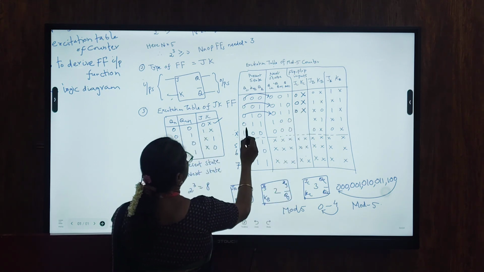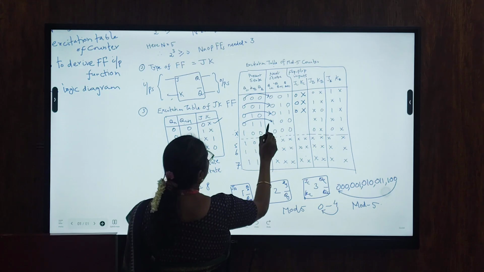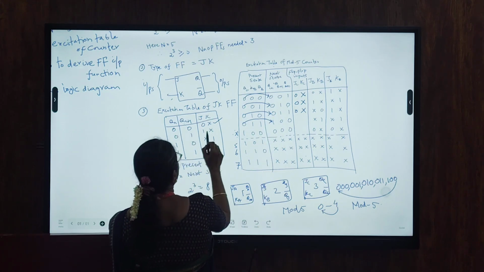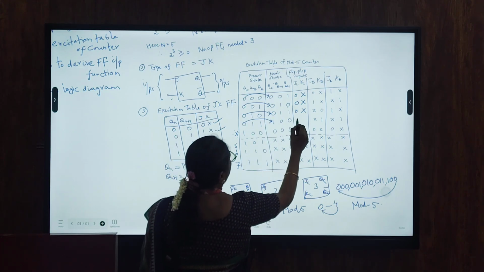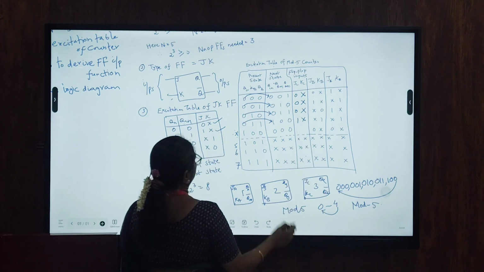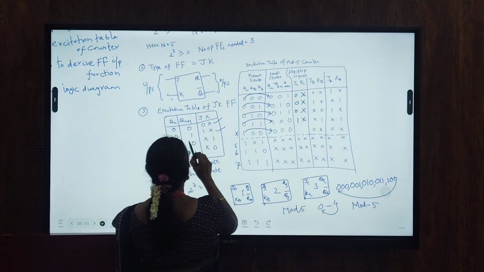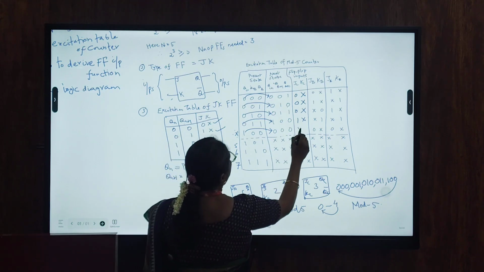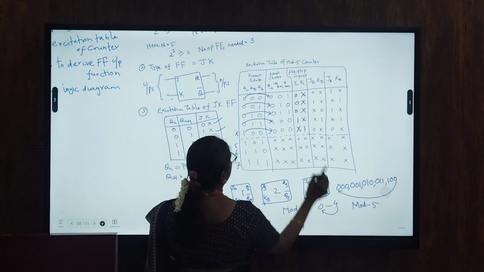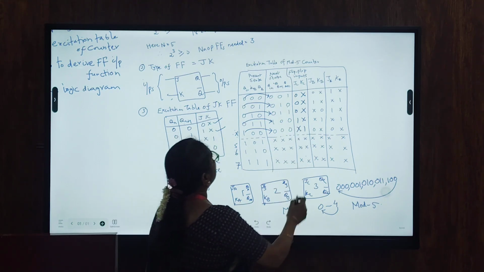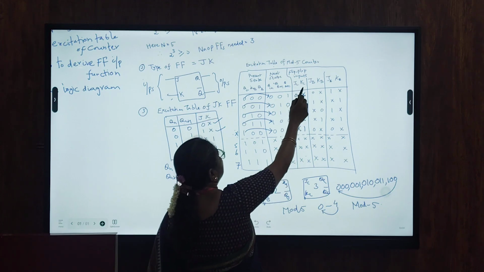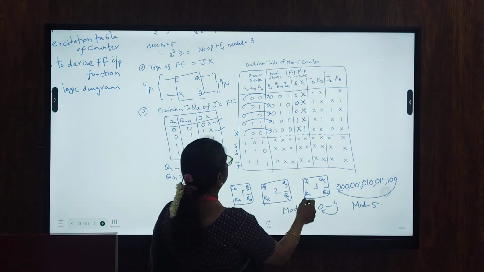Then the next one: present state is 0, next state is 1. So 0 to 1 means it is 1x. Then here the present state is 1, the next state is 0. So 1 to 0 means the inputs required are don't care and 1. This is how we fill up the inputs for JC, KC here.